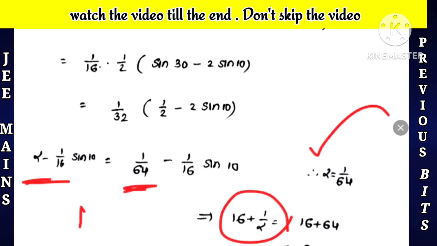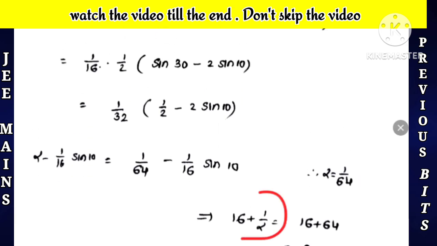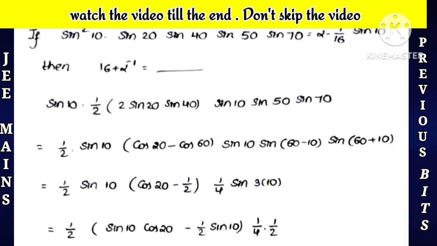We want the value of 16 + α⁻¹. Since α is equal to 1/64, 1/α is equal to 64. So the answer is 16 + 64, which is 80, and that is the answer of the given question. Options are not given here, so the answer is 80.